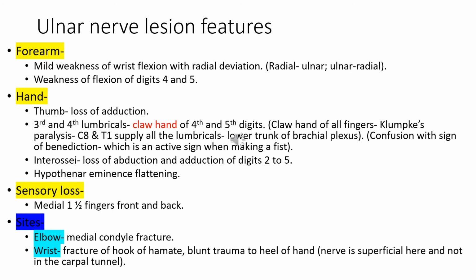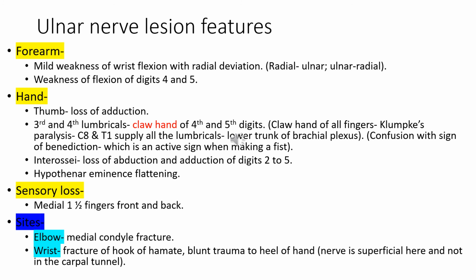Now about the lumbricals, the ulnar nerve supplies the third and fourth lumbricals, which are going to the fourth and fifth digits. So there will be claw hand of the fourth and fifth digits.